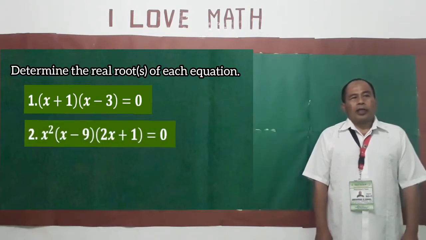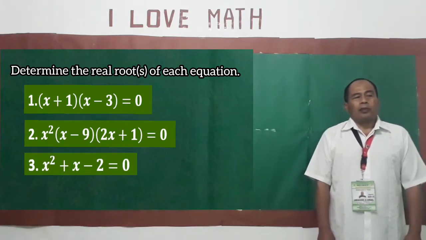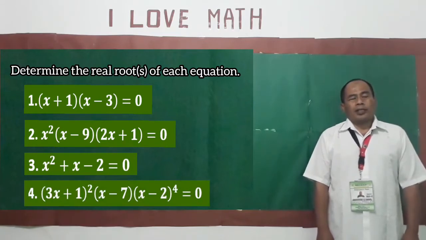Number 2, x squared times (x - 9)(2x + 1) = 0. Number 3, x squared + x - 2 = 0. Number 4, (3x + 1) quantity squared times (x - 7)(x - 2) quantity to the power of 4 = 0.